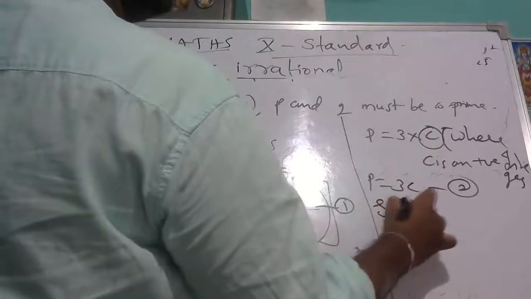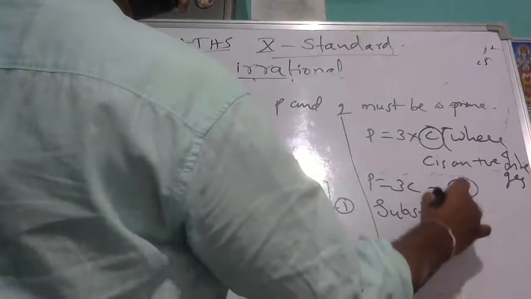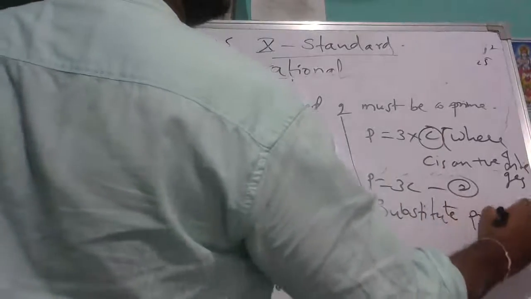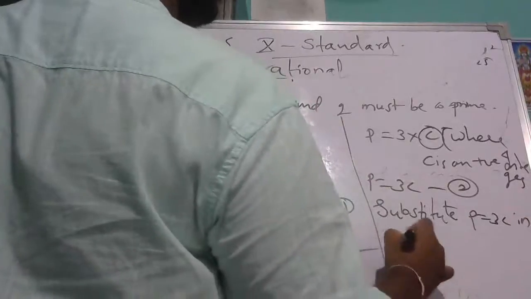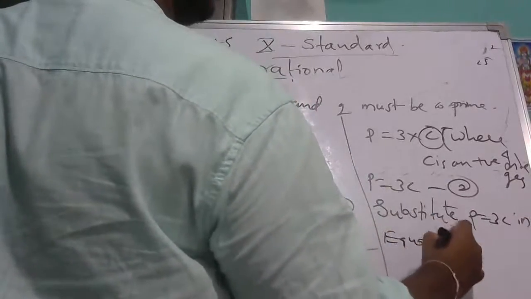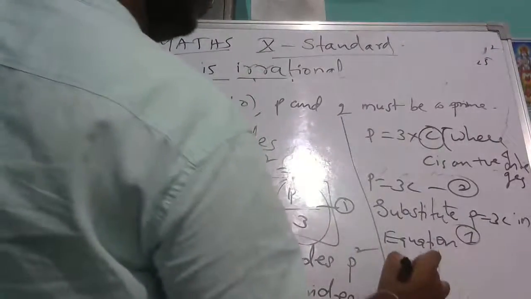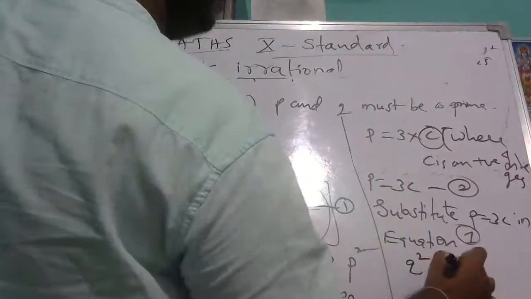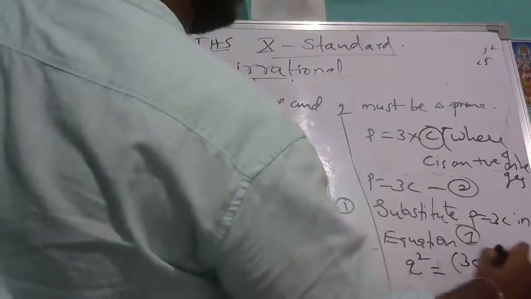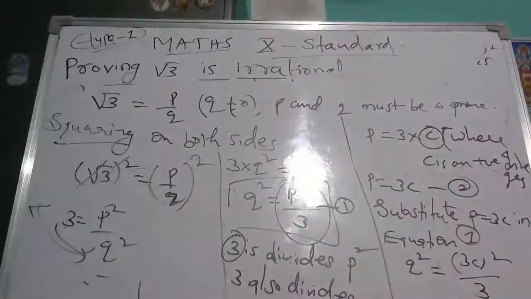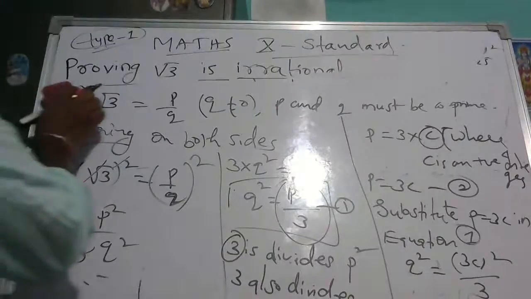Substitute p is equal to 3c in equation 1. It becomes q squared is equal to (3c) whole squared by 3. Clear?